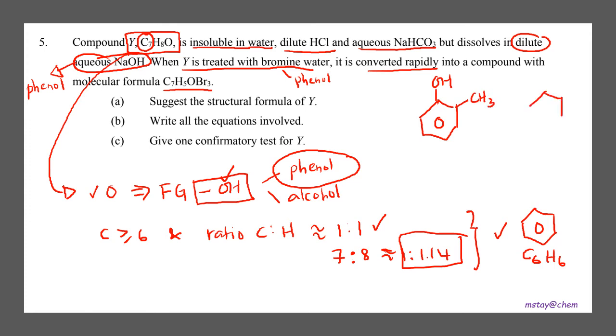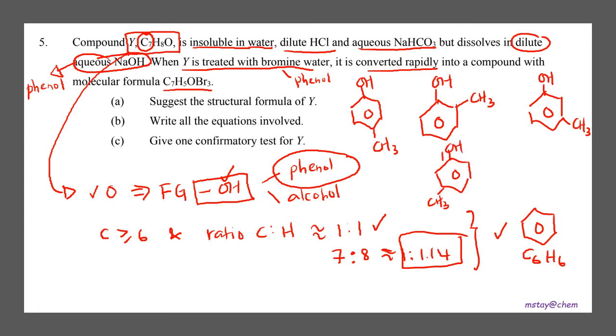Also there will be a possibility of the OH and then the CH3 attached to the 3rd carbon, and we also have another possibility, the CH3 attached to the 4th carbon. If the CH3 is attached to here, we number carbon 1, carbon 2, and carbon 3, meaning we go anti-clockwise.